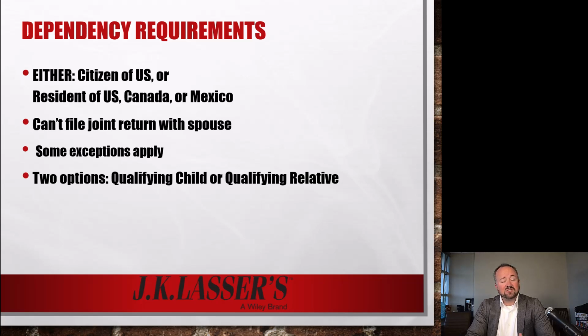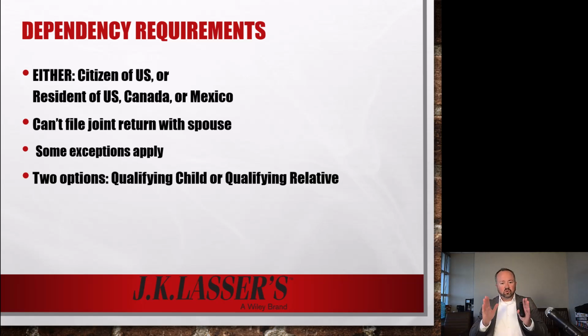There are a lot of situations that you'll see in practice where maybe the daughter got married at 18 or 19 and she's still in college or going to college, still really a dependent, but if they're filing a joint return with their spouse, you may not claim them as a dependent. That's really important for us to understand as well when we're considering, well, who do I claim as a dependent on my tax return?